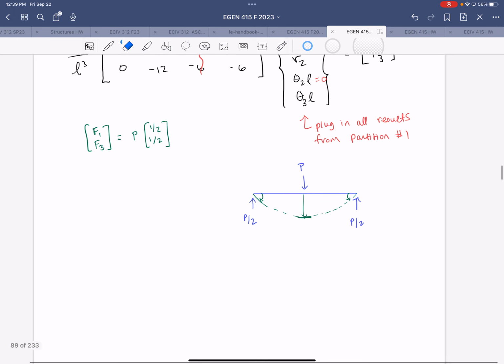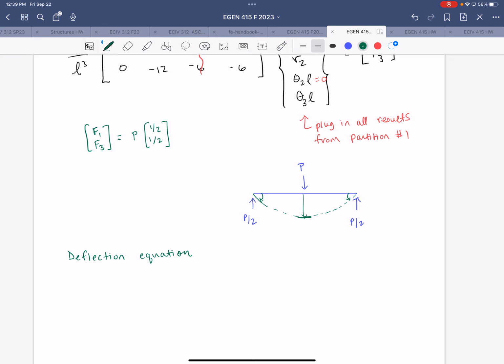And so then the deflection equation for this guy. Now that we have two elements, we have to pick and choose which element to write the deflection equation for, or do them all.